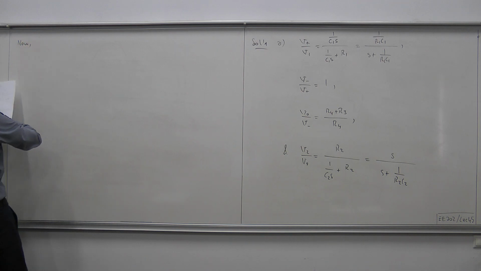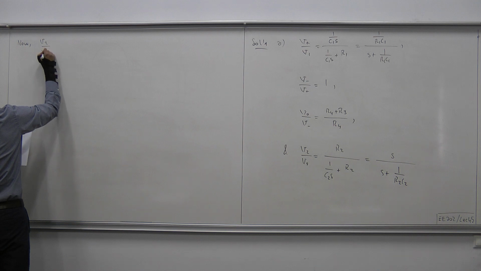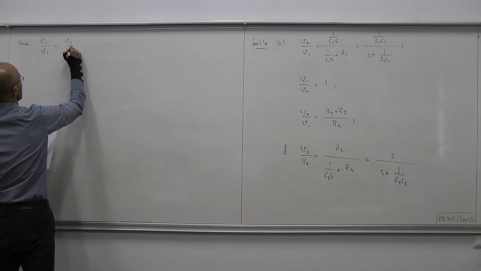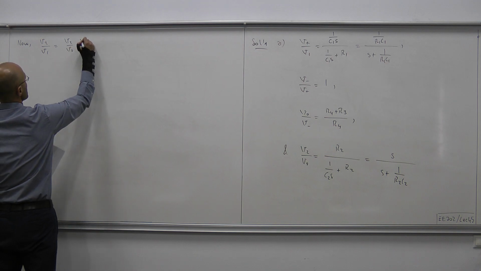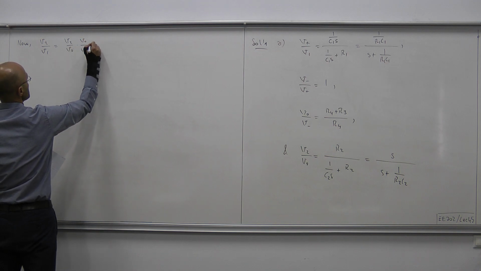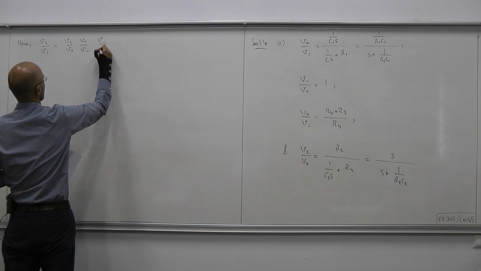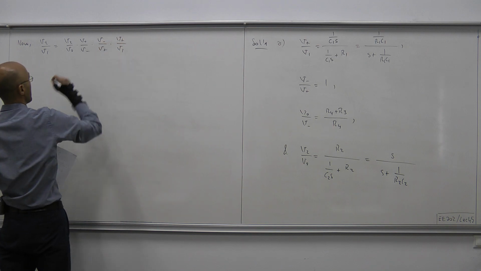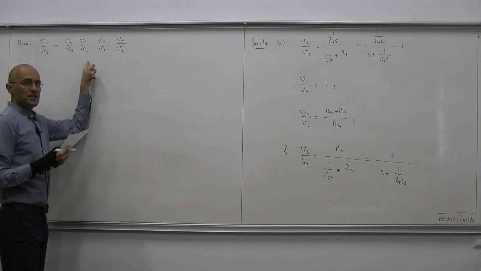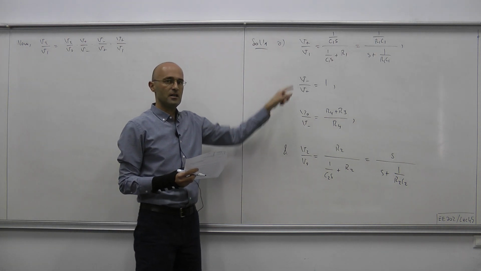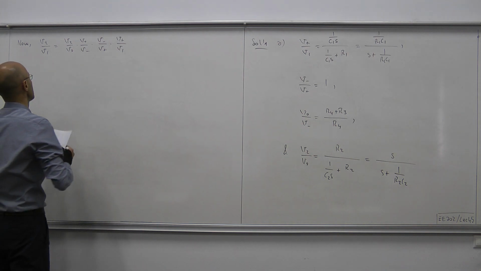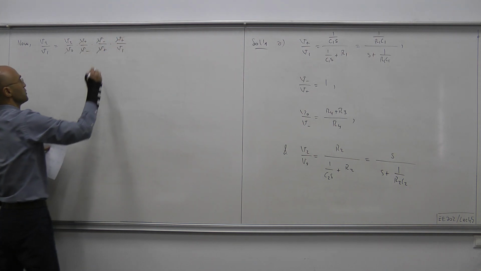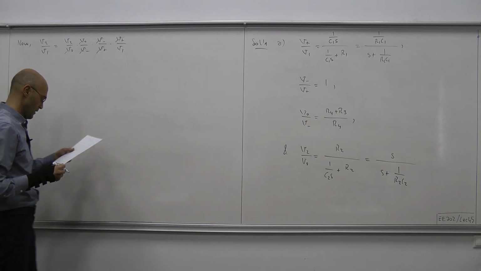Now we write V2 over V1 equals V2 over V out times V out over V minus times V minus over V plus times V plus over V1. All these sub-ratios are here. We just computed them, and clearly that product produces V2 over V1.